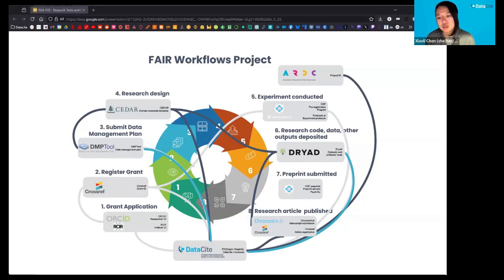In the project, one of the key components was to build a series of integrations among different research tools that are used in an entire end-to-end research project lifecycle: from the grant application process to grant registration, data management planning, research design, experimentation, output sharing, preprint submission, and then to the final article publication.